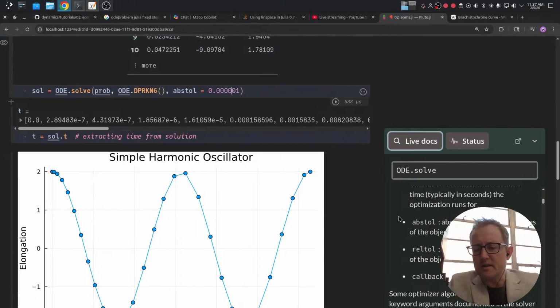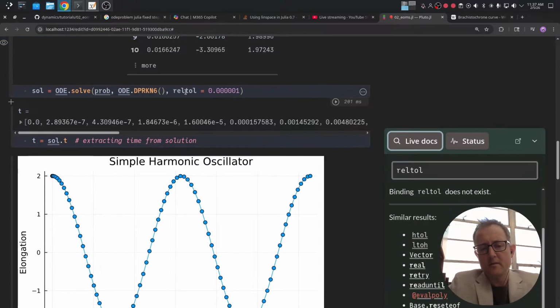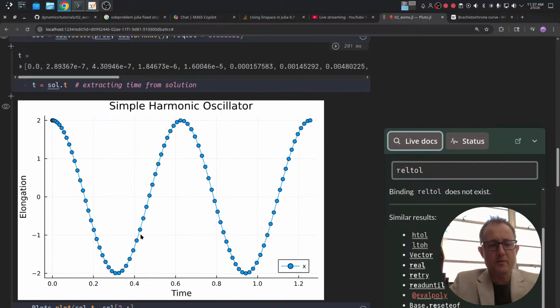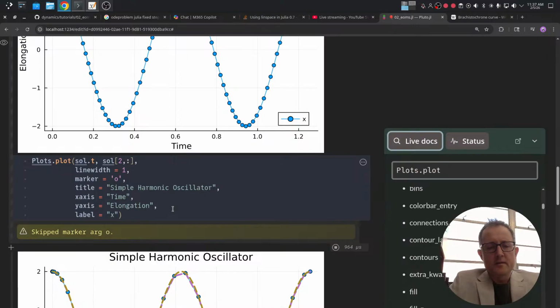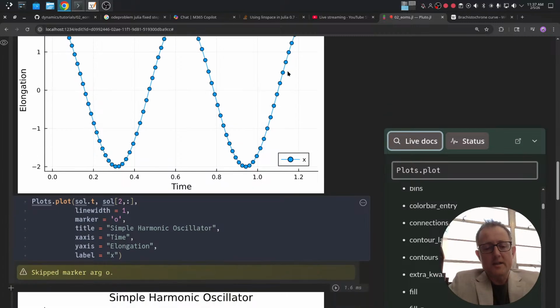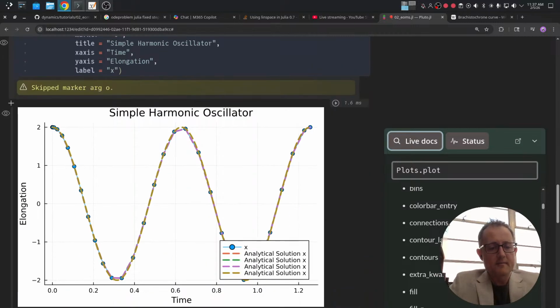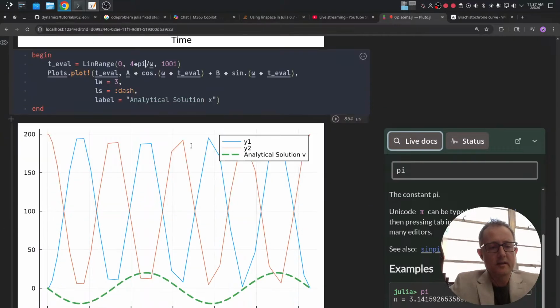It's not really changing. Reltol? There we go. Relative tolerance, make it smaller. Now we have more data points. Looks better. It didn't really change the answer much, but it is giving us a little more data along there.